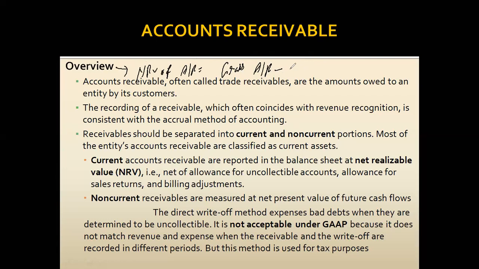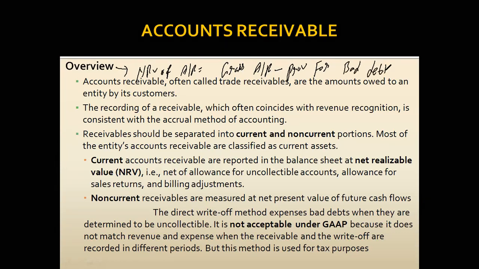So here I'll just write for your reference: provision for bad debts. Bad debts are those receivables which are not recoverable. We show current receivables at net realizable value in the balance sheet, and for non-current receivables we have to calculate the net present value of future cash flows and show that in the balance sheet.